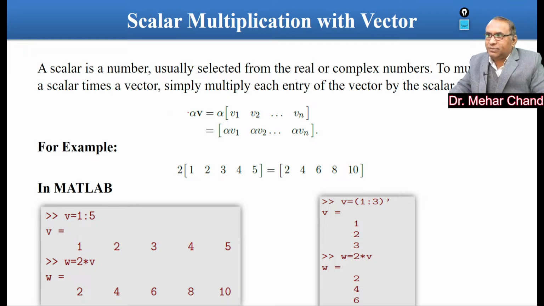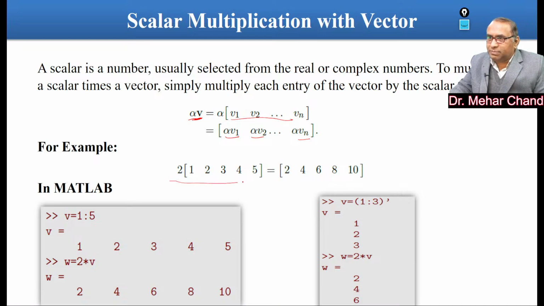You can see if we have a vector V and we want to multiply it with the scalar alpha, all the elements of the vector will be multiplied with alpha.